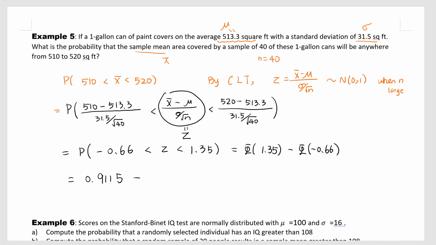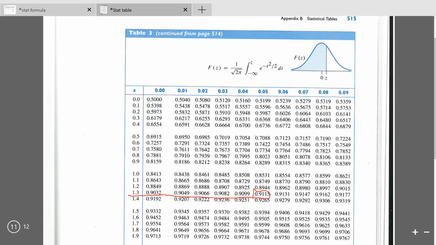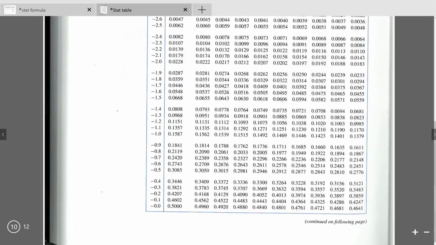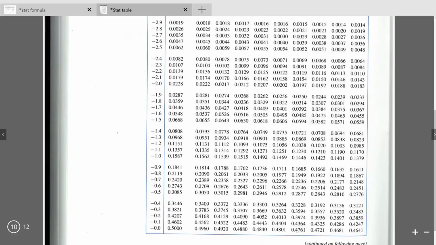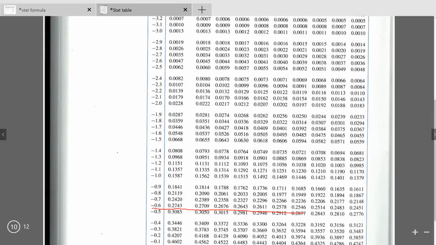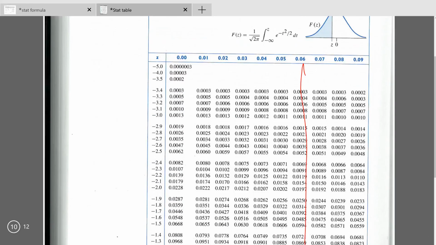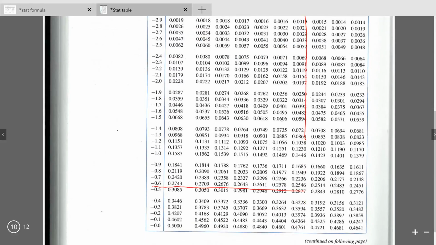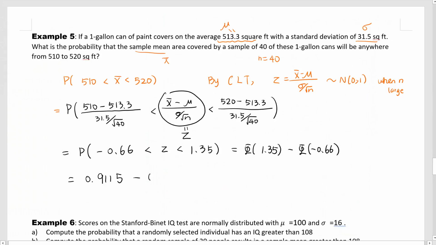Minus Phi of negative 0.66, which gives 0.2546. Plug this in our calculator.